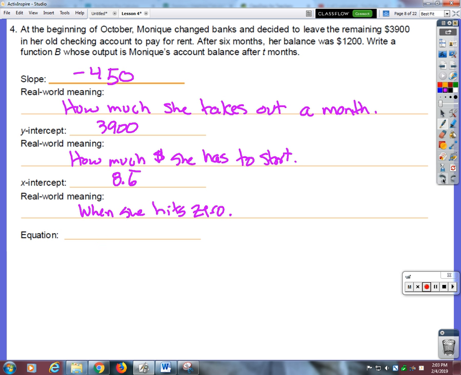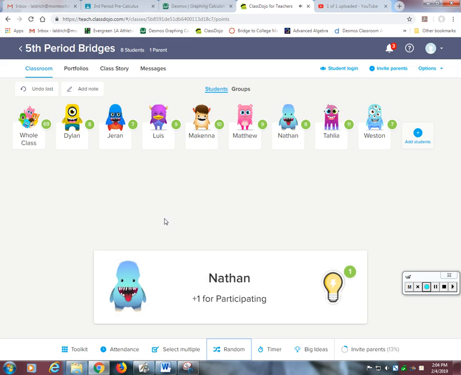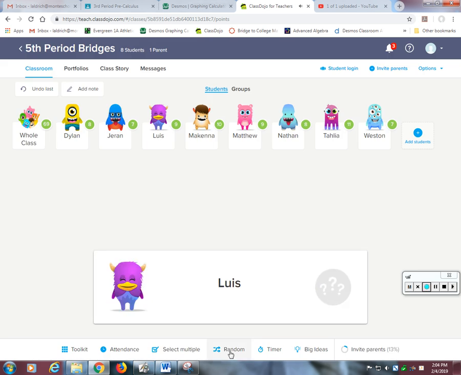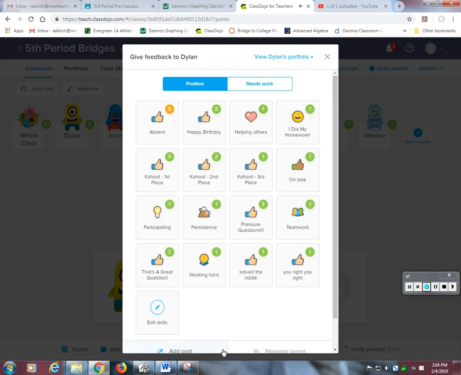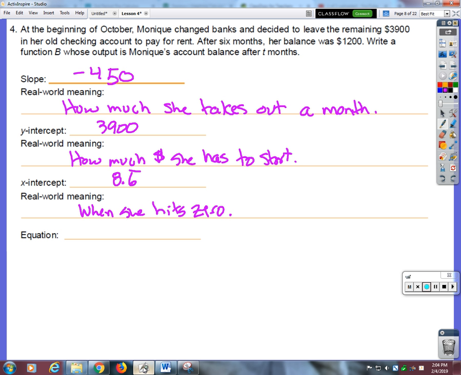Now we can put this all together into some sort of an equation. So what would that equation be? Dylan? B equals 8.6 repeating?